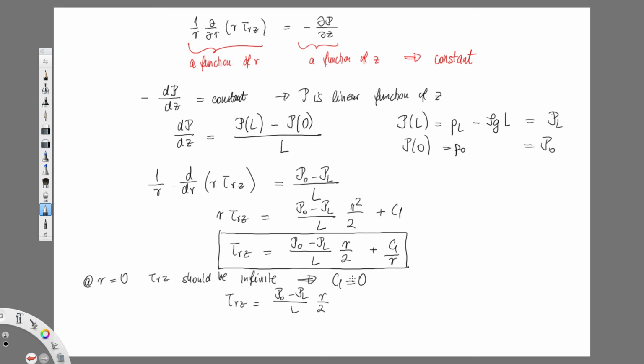So what's wrong with having a 0 in the middle? In the very middle of the tube, there's a 0 shear transfer. And it sort of makes sense, because if it was non-zero, I would kind of have perpetual motion. I'm transporting things away from that point in terms of momentum.